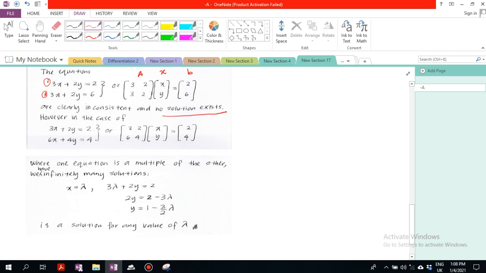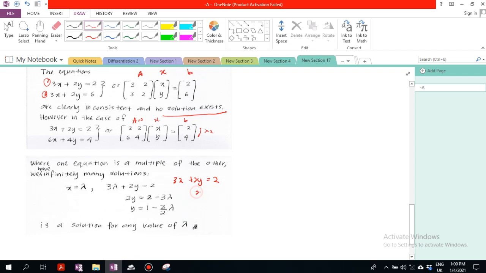For the second one, you have 3x plus 2y and 6x plus 4y equal to 2 and 4, or the matrix 3, 2, 6, 4 times x y equal to 2, 4. Here you will notice that the second row of A is 2 times the first, and b is also 2 times. So you can simplify this. For example, we take x equal to lambda and use one of the equations: 3 lambda plus 2y is equal to 2.